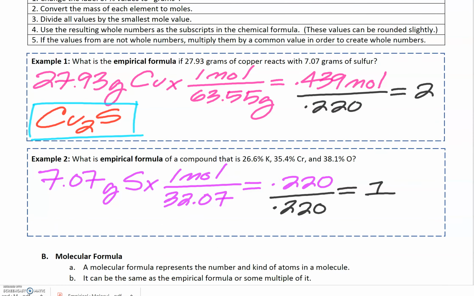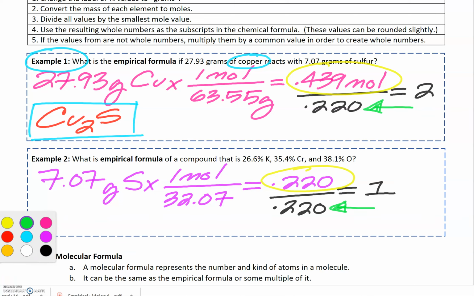Okay, so I went ahead and did example 1. Hopefully you paused the video and tried it yourself. If you look, I just converted the copper into moles. I got this 4.39 number right here. Then I converted the sulfur into moles and got the 2.2. 2.2 was the smaller number, so I divided them both by that smaller number.